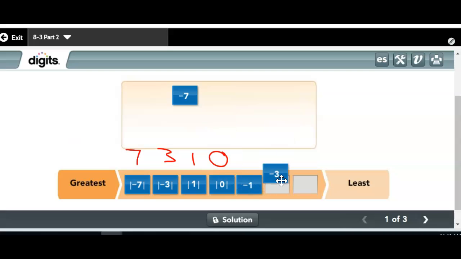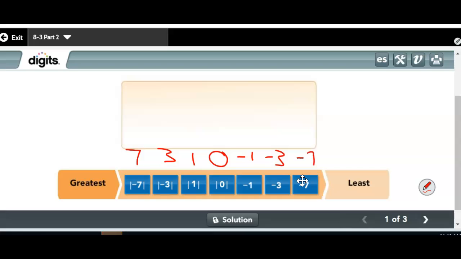Then we have -3. -7. I think putting the answers above is helpful. If you look at our numbers, we have 7, 3, 1, 0, -1, -3, -7. Those do go in order from greatest to least. Do you have any questions? Alright, what I want you to do then is to do the one below it, but I want to add one thing here.